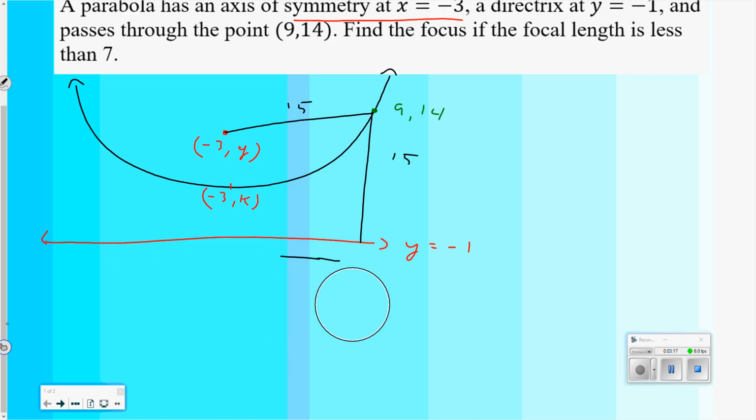The definition of a parabola is that any point on the graph is equally as far from the directrix as it is from the focus. So this point (9, 14), I know that's 15 away from the directrix because the directrix is at a y value of -1, and that point has a y value of 14. So the distance from each other is 15. That means the distance from that point to the focus also needs to be 15. Make sense? All right.